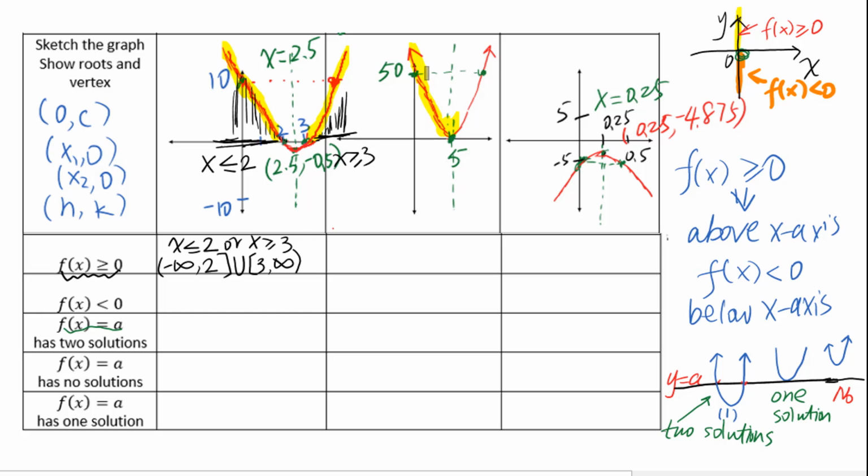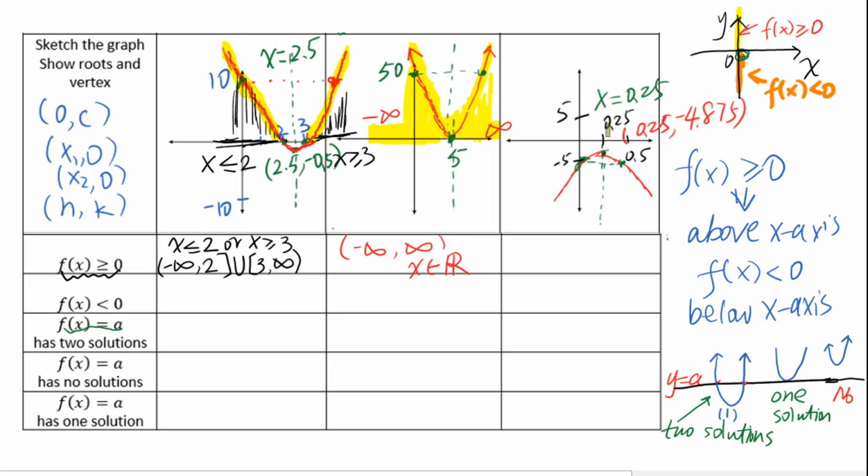For the second graph, f of x greater than 0 will be all the graph here. And on the x-axis, it will be from here to here. For all x on the x-axis, we can label this part negative infinity to positive infinity, or you can write down x is all real numbers.